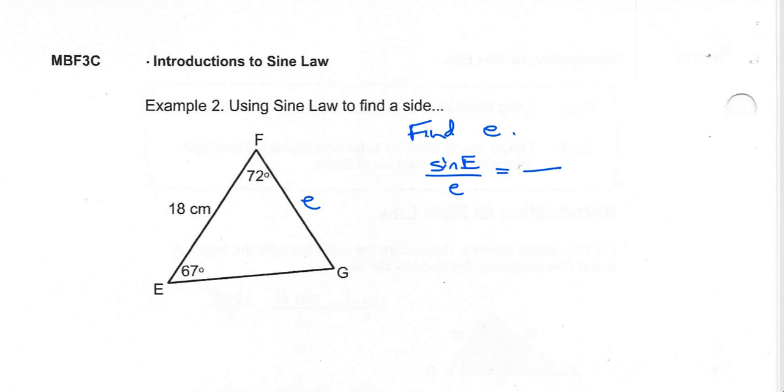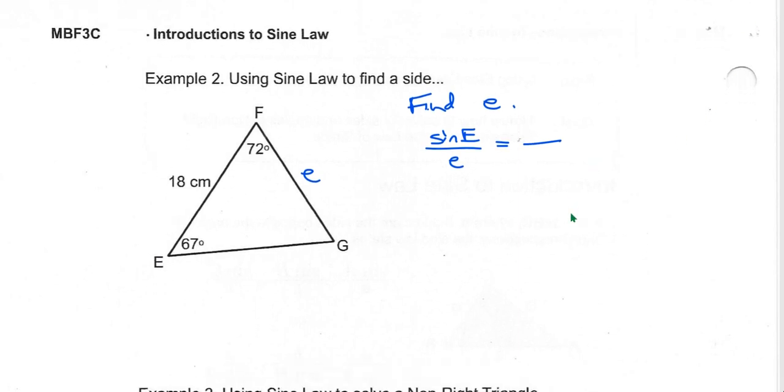So what we do is we use something that we tend to forget sometimes, but it's handy. And that is this measure of G, we can get it because the sum of the angles in a triangle is 180 degrees. So therefore G is equal to 180 minus 67 minus 72.